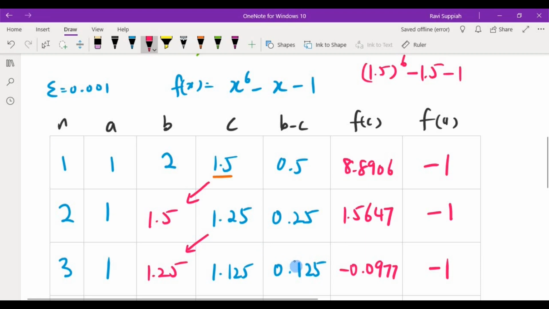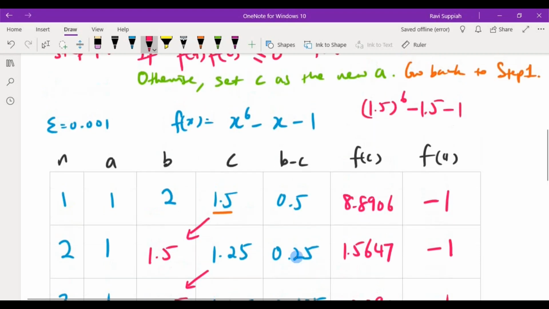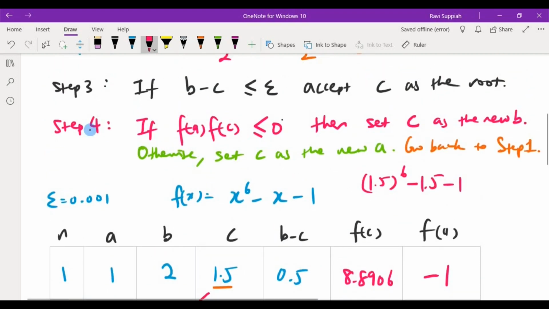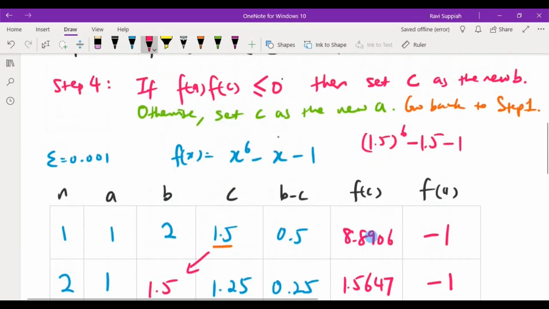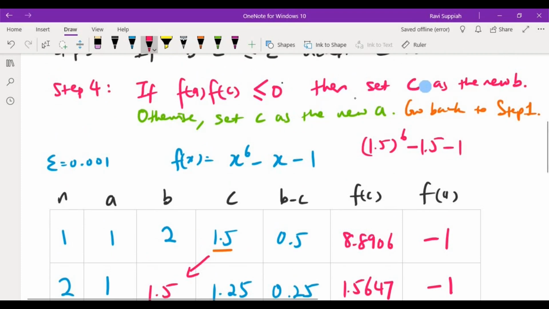It is not yet there, so I have to carry on, and to carry on I look at step 4. So in step 4, if I look at FA multiplied by FC, what I see is FA is negative, FC is negative, so negative and negative is positive. So when negative and negative is positive, this first condition is not fulfilled.